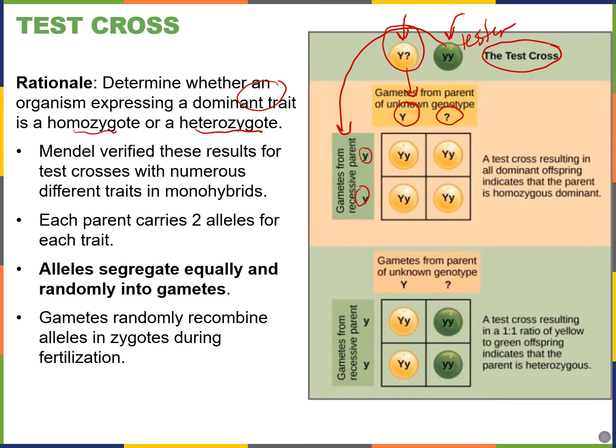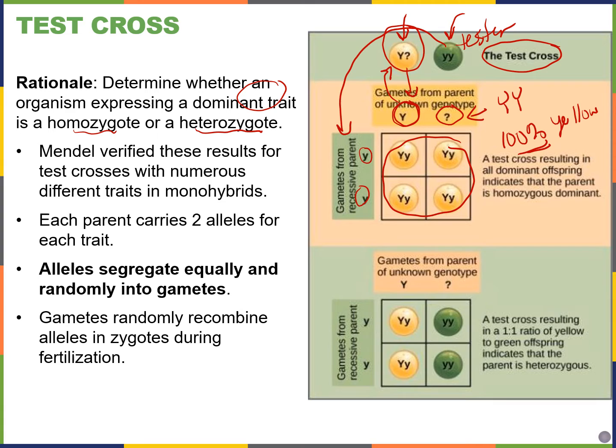I know it has at least one big Y because the seed is yellow. And if I get 100% of these F1, if 100% of the offspring are all yellow seeds, and I have hundreds or thousands of seeds, then I am pretty sure that this parent is big Y, big Y.